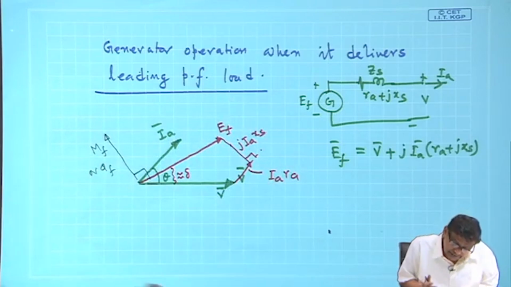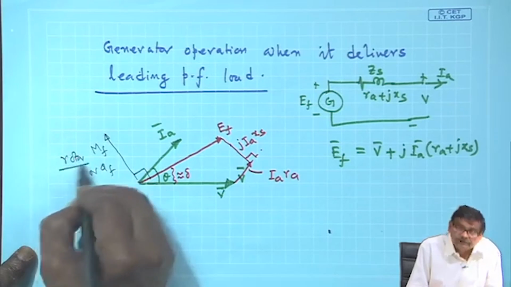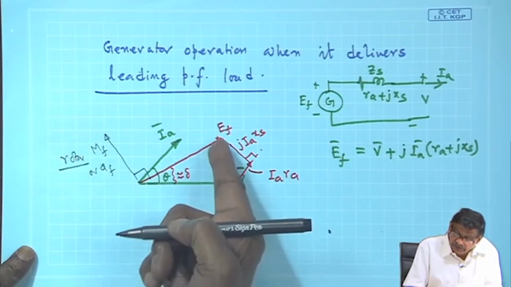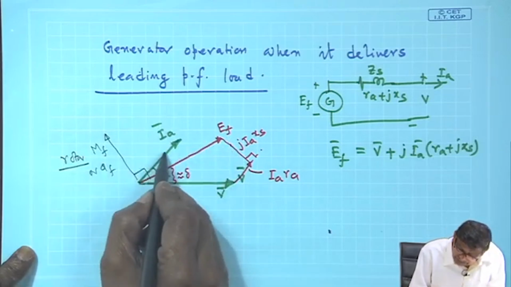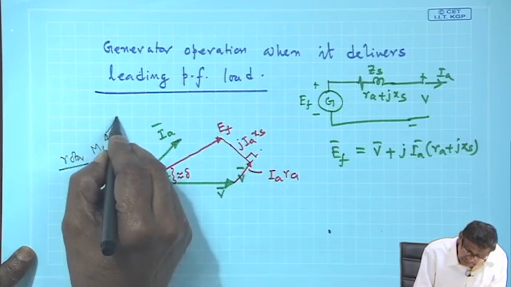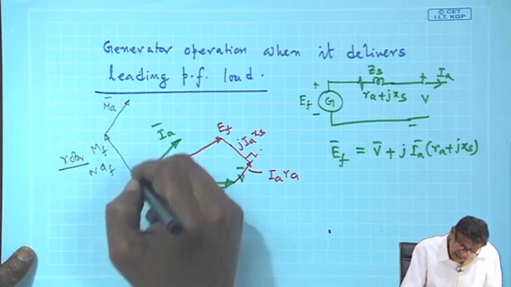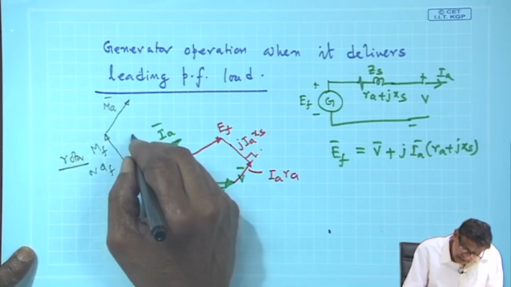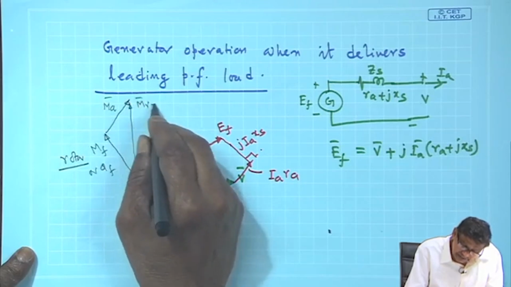And where is your resultant field? MF, this is the rotor field, mind you. MF is the rotor field which induces EF. Then MF plus your MA is along this line. So, MF plus MA, and this will be your MR, M resultant.